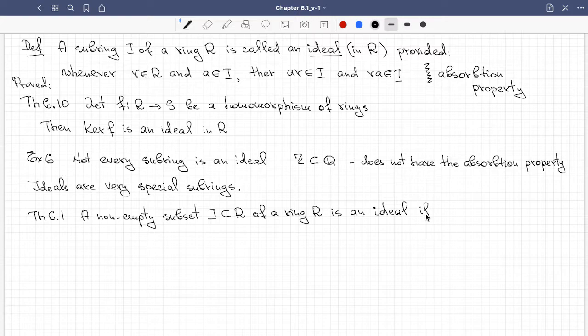if and only if the following two properties are satisfied.